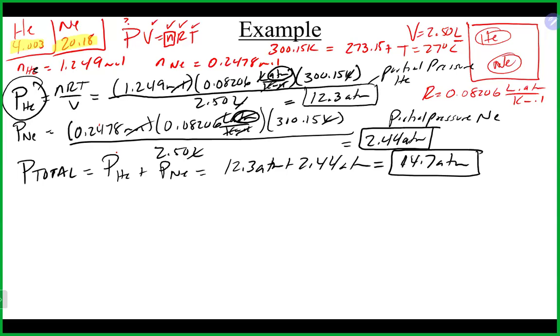So how fast a gas moves is related to its atomic molar mass. The heavier the gas, the slower it should be moving, and the lighter the gas, the faster it should be moving at the same temperature. Any questions on any of that calculation there?